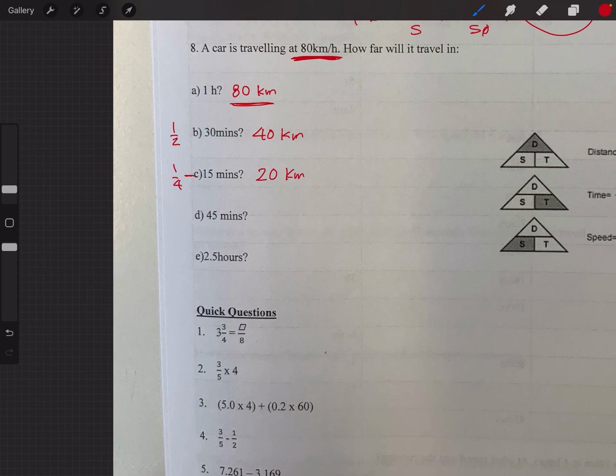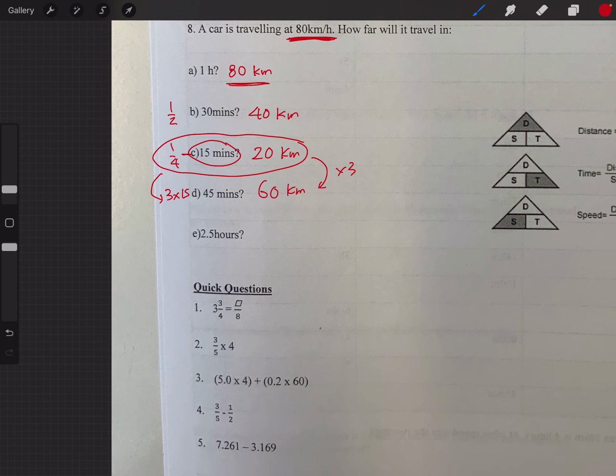45 minutes, so we know that 15 minutes is 20. 45 minutes is just 3 times 15 minutes, so 3 lots of 15 minutes. We times it here by 3, we get 60 kilometers. 2.5 hours. So we know that in 1 hour we travel 80 kilometers. 2 hours we travel 160 because we double it, right?